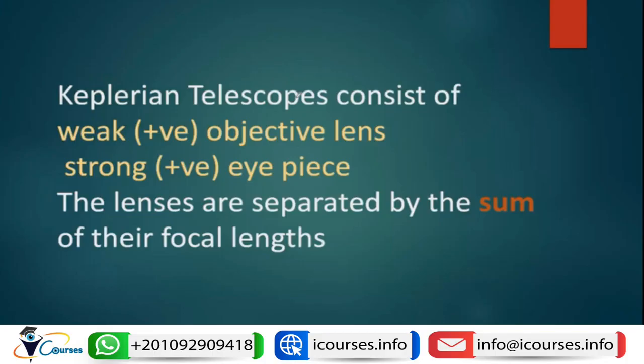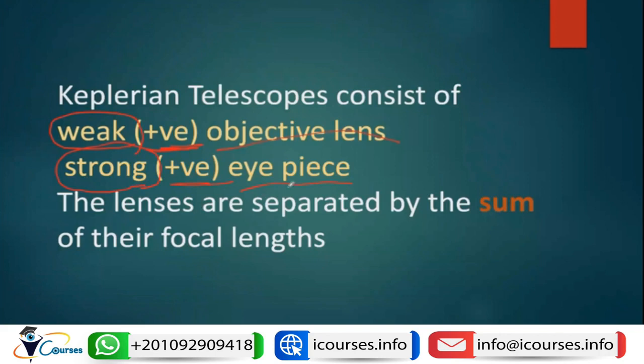As we said, it consists of two lenses: the objective lens and the eyepiece. In this telescope, both lenses are positive lenses, but with a major difference: the objective lens is weak, a weak plus lens, while the eyepiece lens is a strong convex lens.